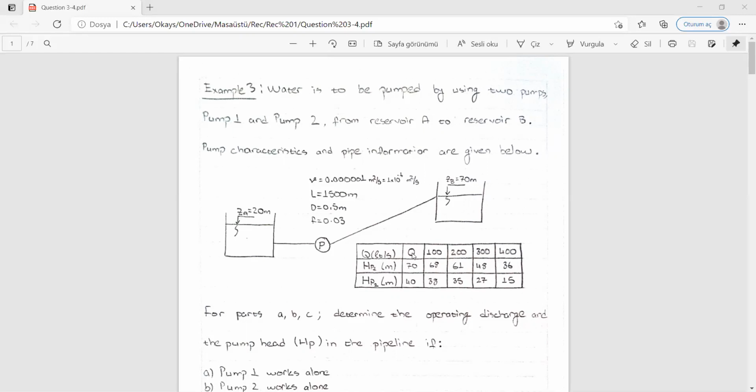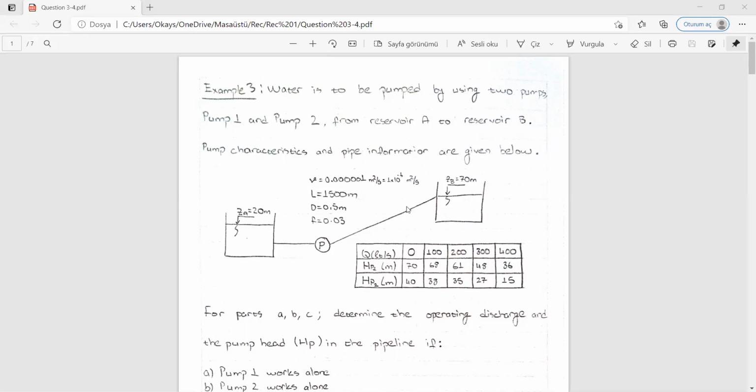So for example, we will say when the discharge is 0, the head is 70. When the discharge is 100 liters, the head will be 68 meters, and it will go like this.